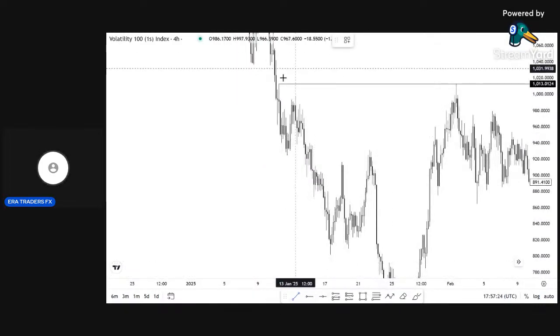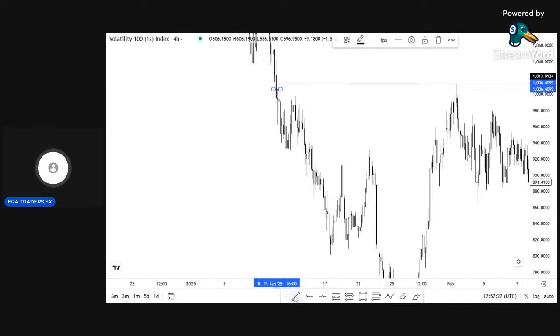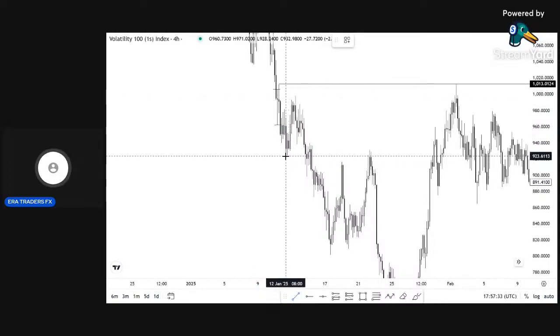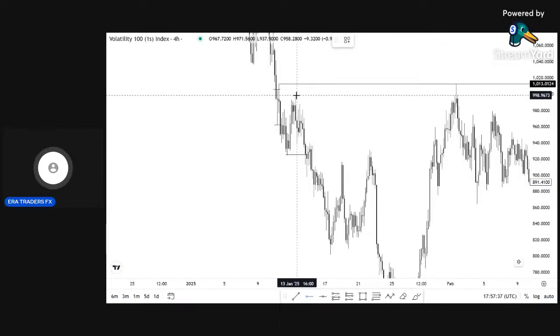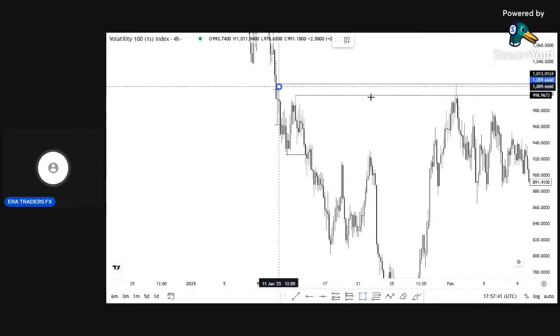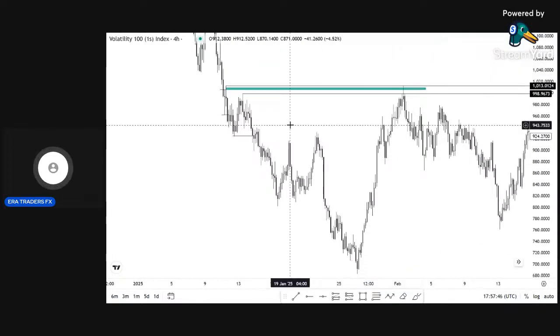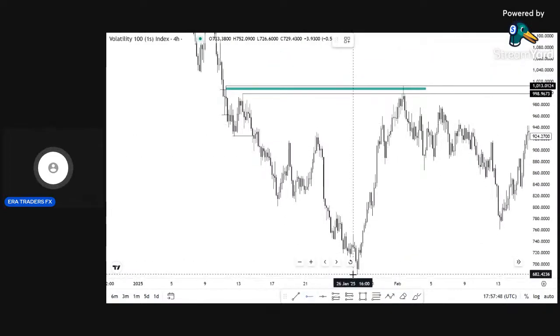It swept above that point and broke structure to the downside, gave us a second break of structure to the downside, leaving that high as liquidity for price to use, and price dropped to the downside. So once you know that price is going to come down, what's your next bus stop here?